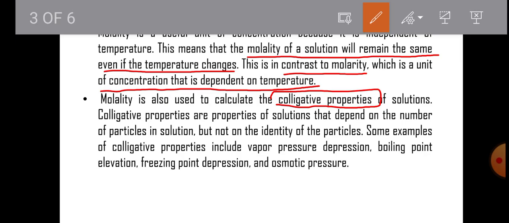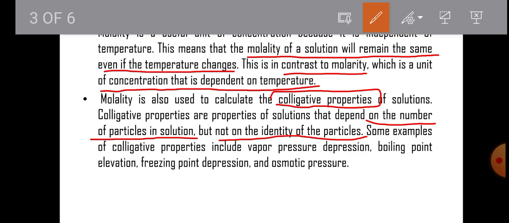See, colligative properties are properties of a solution that depend on the number of particles in the solution. So, it depends on the number of particles, but not on the identity of the particles, right? Note it down. Colligative properties depend on the number of particles, but not the identity of the particle.